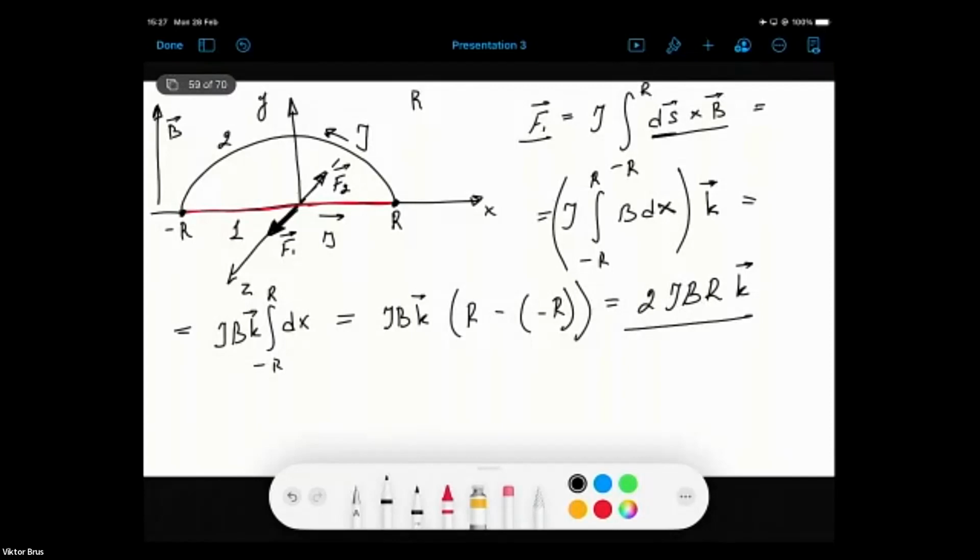So now we need to proceed further and calculate the F2 vector, the magnetic force exerted on segment 2. So now let me probably delete this part here, because we will need some space inside this plot.